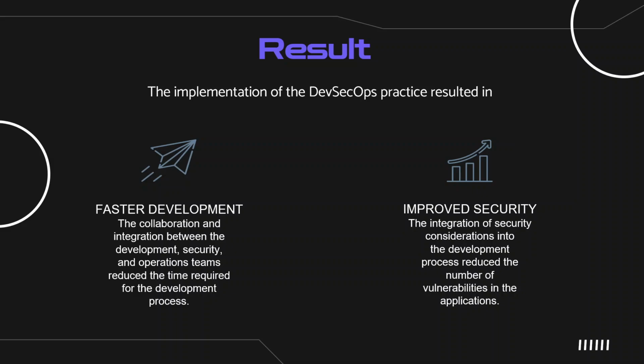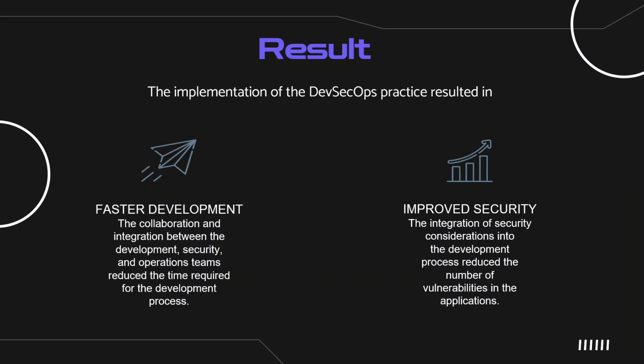So what was the result of implementing the DevSecOps practice in the organization? The first one was faster development. The collaboration between the development, security, and operation teams reduced the time required for the development process and improved security. So the security of that particular organization was improved.